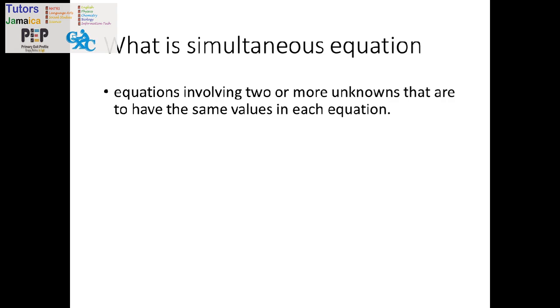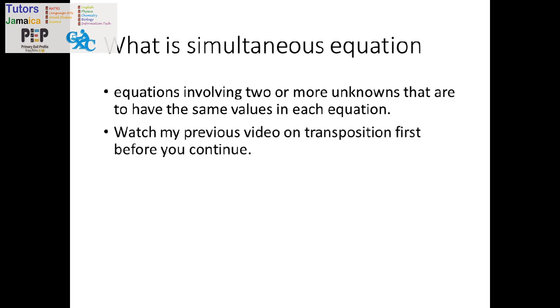As I said before, you might need to go and watch my previous video on transposition first, because I will not be going over how to solve simple equations in detail. This will specifically be about simultaneous equations.